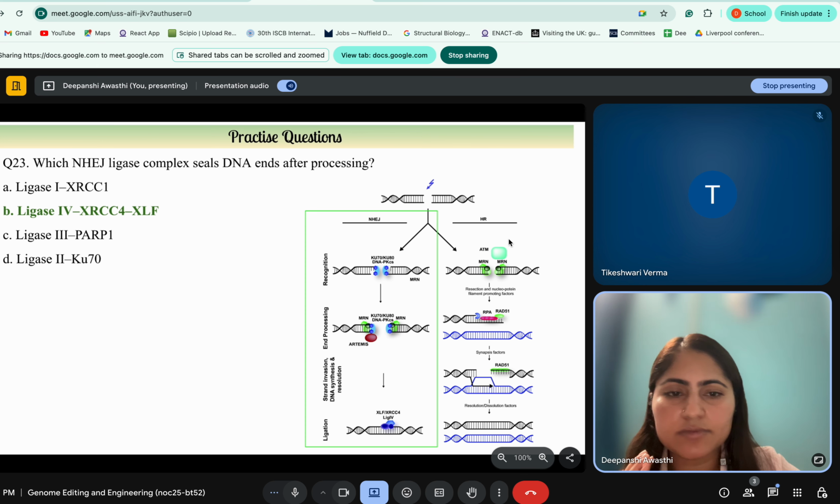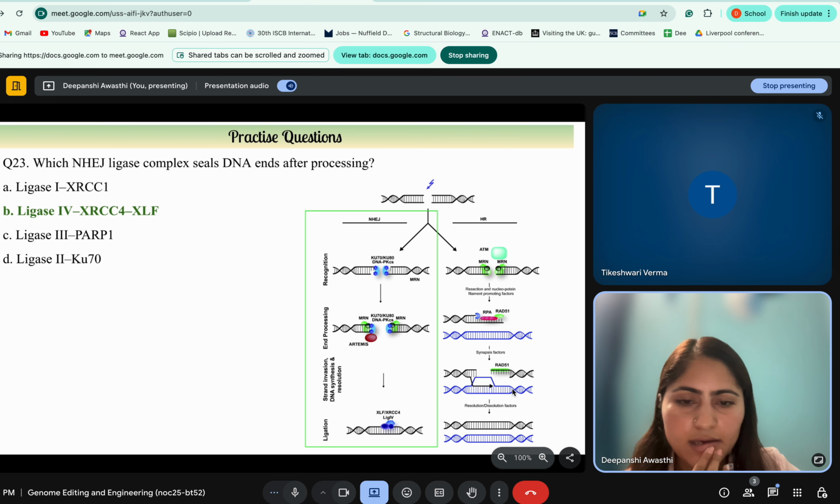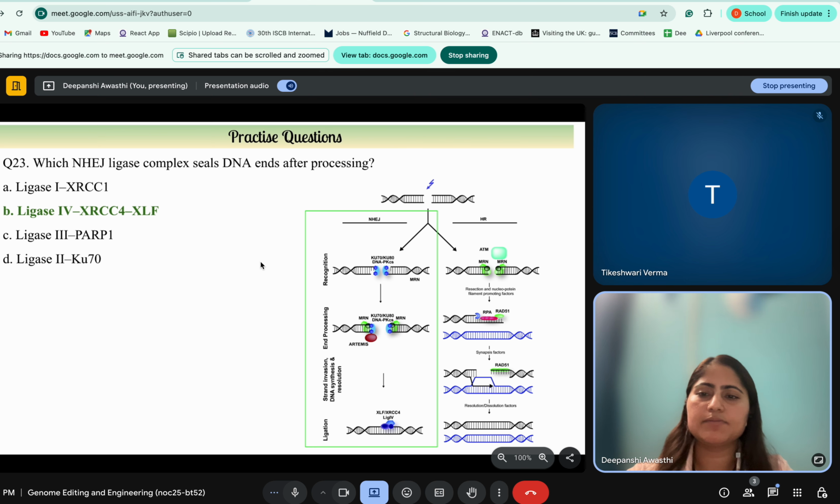Option C is also for HR. In HR, okay, it's not mentioned here, so in HR I guess we have ligase 1. There are some other types of ligases which are responsible for the ligation process.